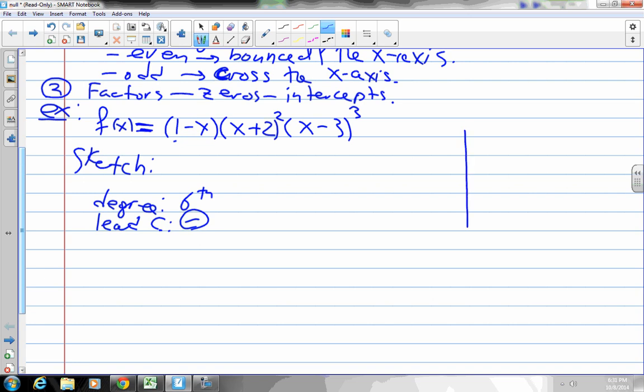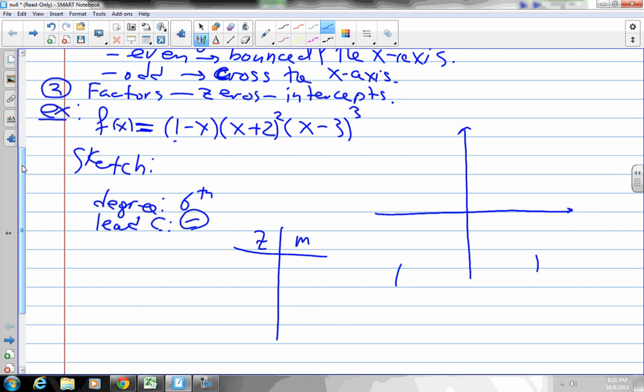So we know the end behavior. It's an upside down parabola, because all even degree polynomials act like quadratics. Negative leading coefficient means an upside down parabola in the long run. That's what we did on Monday. Now let's list all the zeros and their multiplicity.